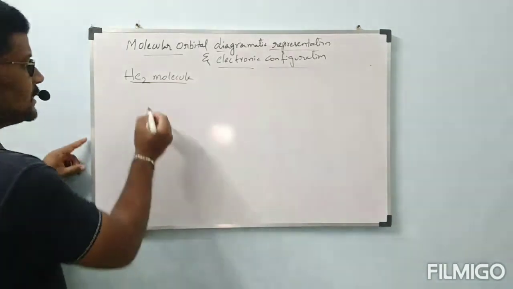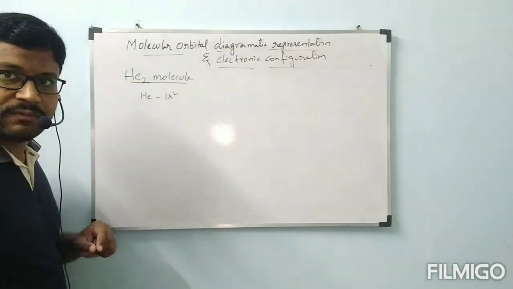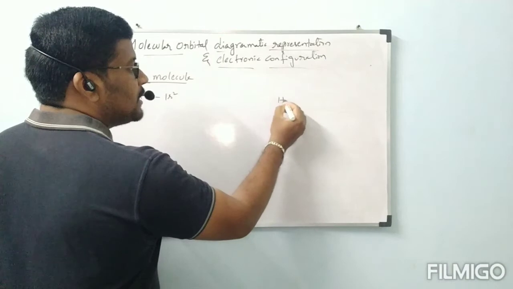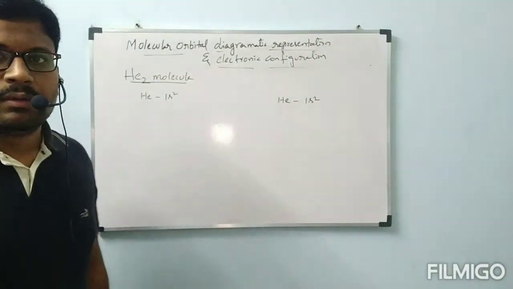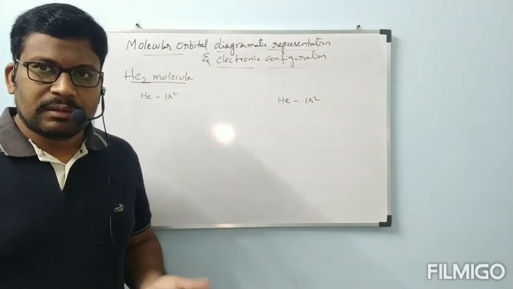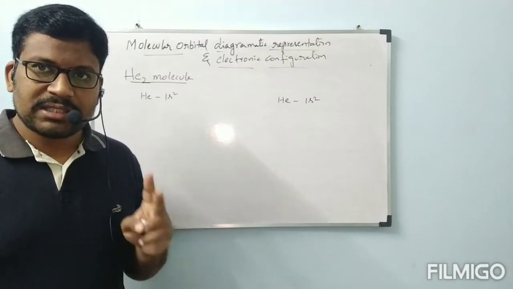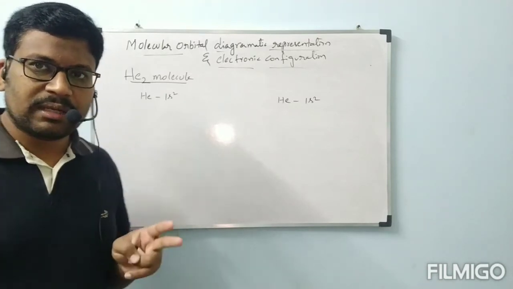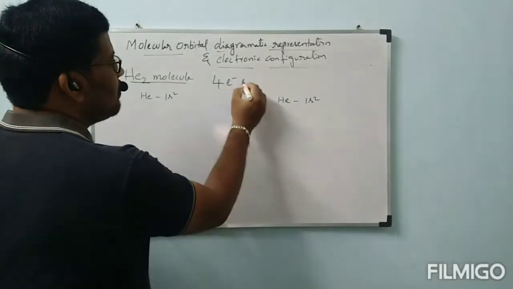Helium atom has electronic configuration 1s2. Another helium atom also has electronic configuration 1s2. Each helium atom has 2 electrons, so totally 4 electrons are present. That's why this is a 4 electron system.